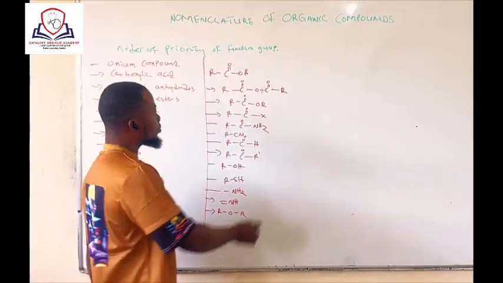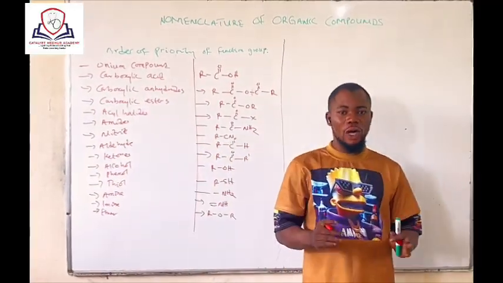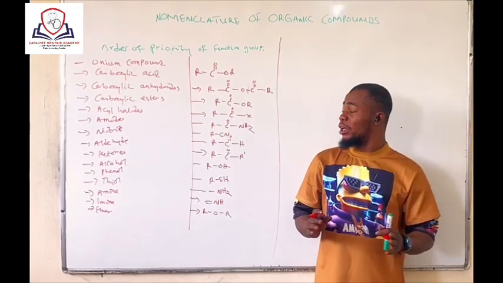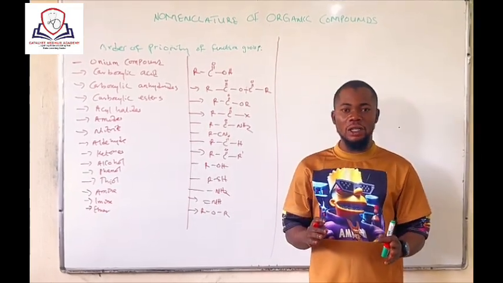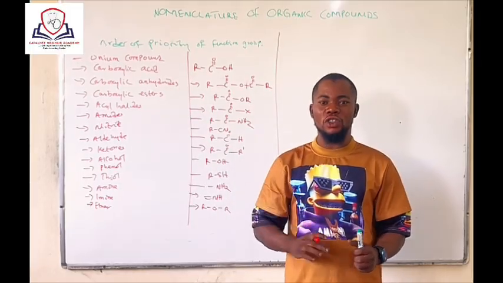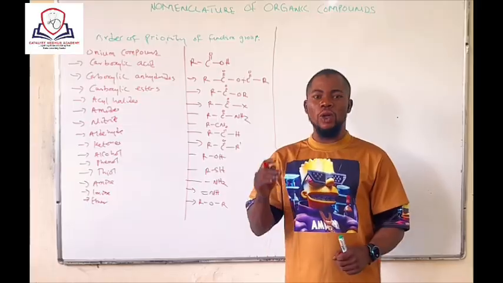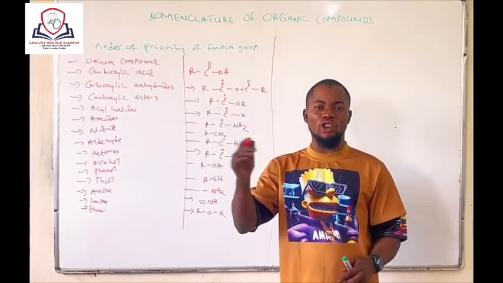Now, we'll start with the nomenclature proper. I would advise you that before you can know the nomenclature in the correct manner, take each of the functional groups. You should know their name if they are in a straight chain, you should know their name if they are cyclic, and you should know their name if they serve as a substituent.